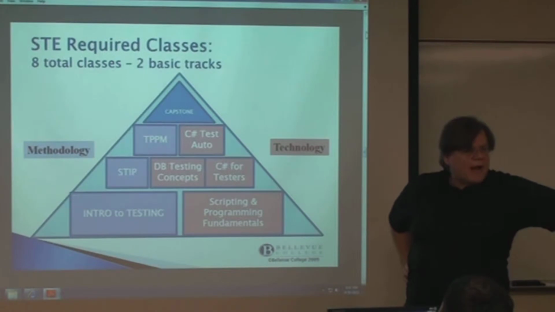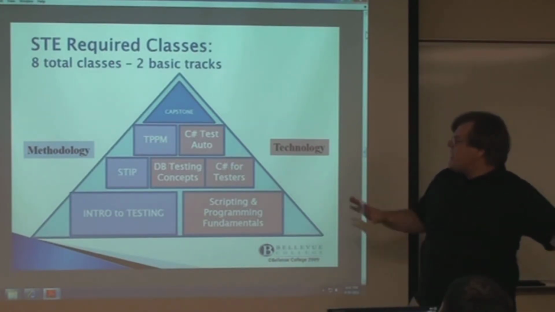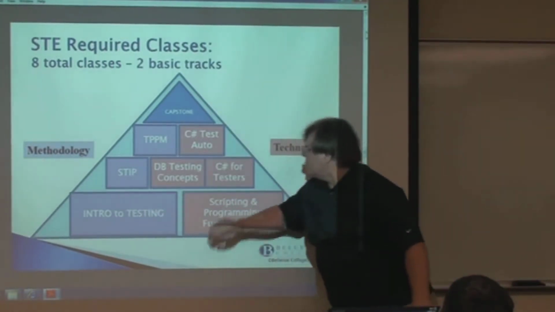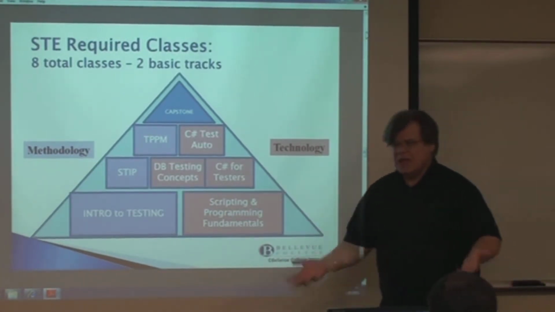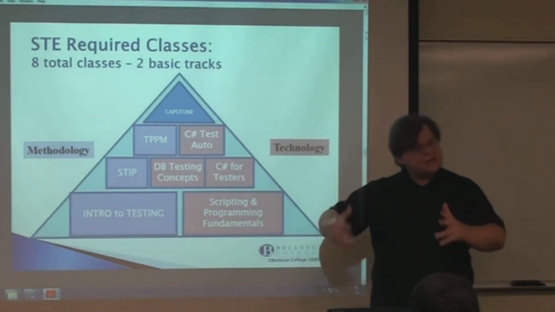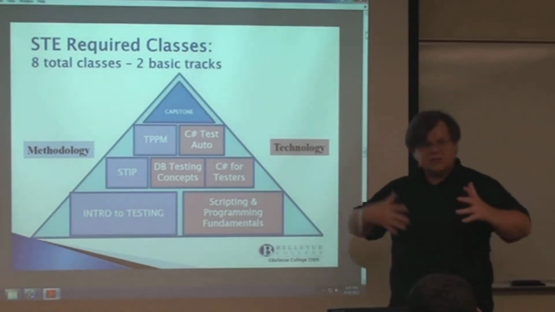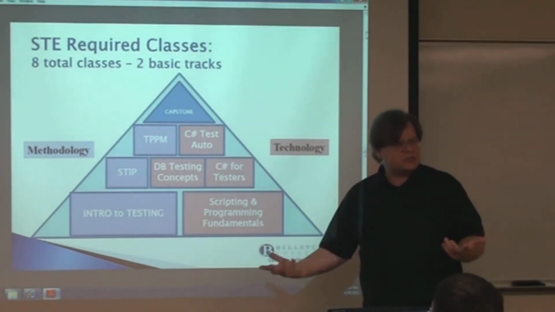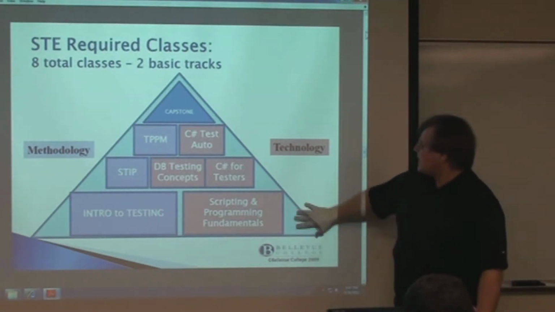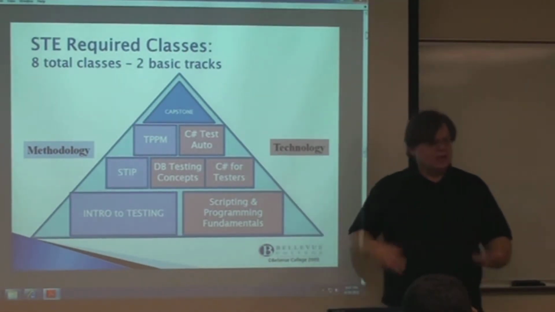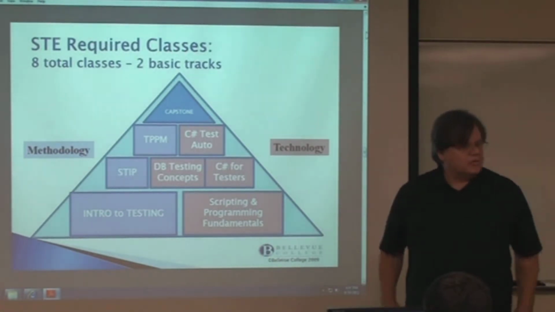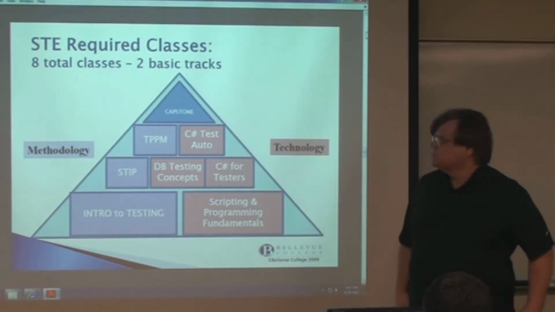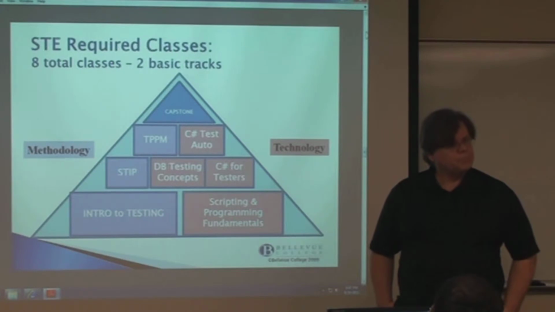The way I break it up myself is methodology classes and technology classes. Methodology: how do we test? Why do we test? What's the best way to test in this situation or that? Technology is very specific: learn C#, learn scripting, learn programming fundamentals, those kinds of things. Does that make sense? Okay.